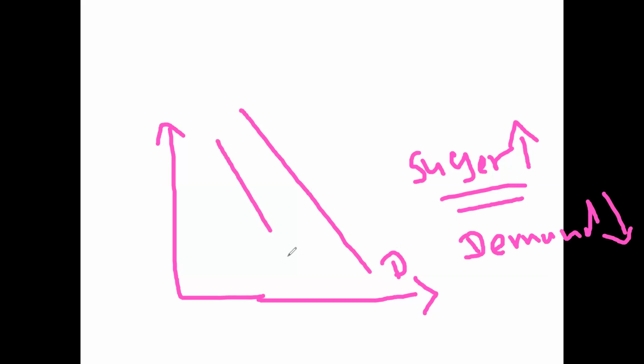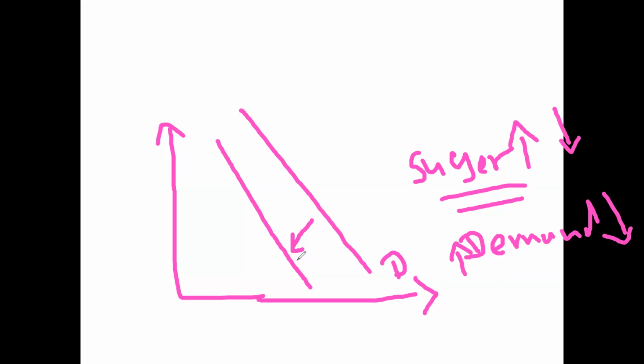Mostly with complementary goods, if there is a price increase in a complementary good, it has a negative relationship. So if the sugar price increases, demand decreases; if the sugar price decreases, demand increases.